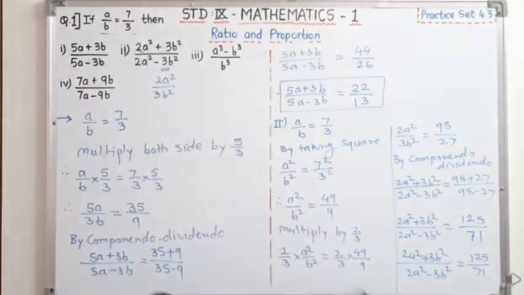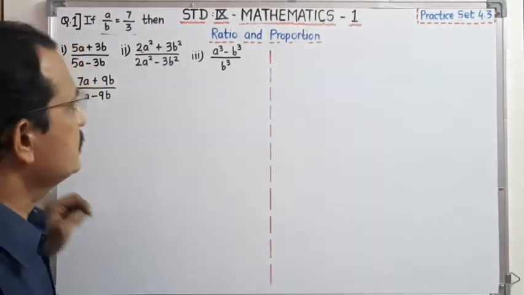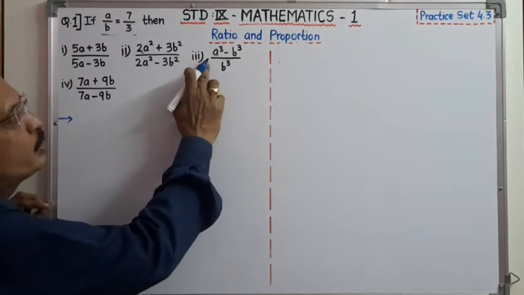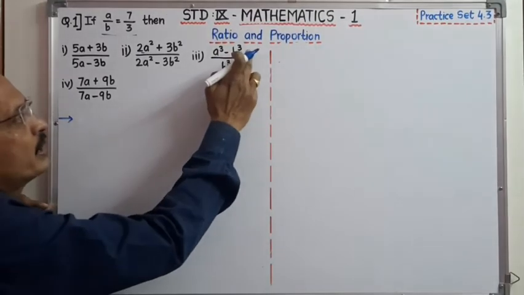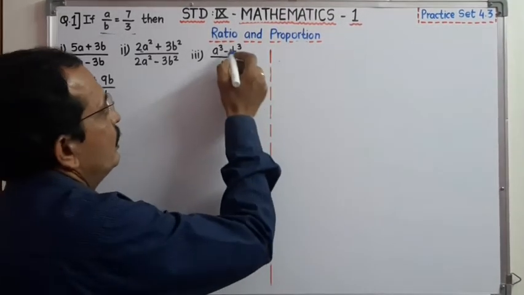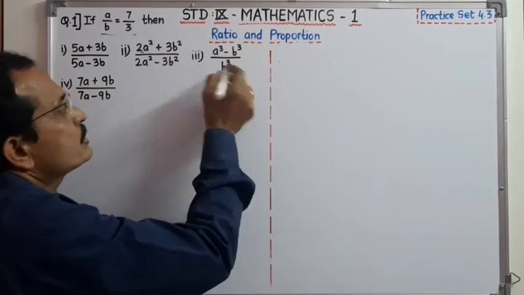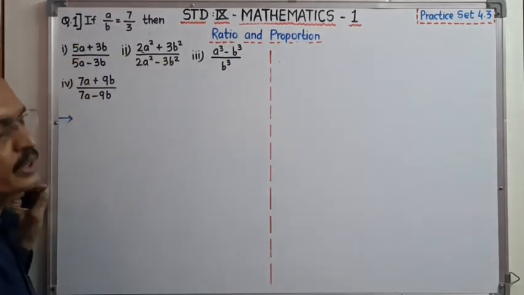Now, see, dear student, we completed these two. Now, we have to take out the third part. Dear student, see the third one: a cube minus b cube upon b cube. If we observe this, which application or which operation?